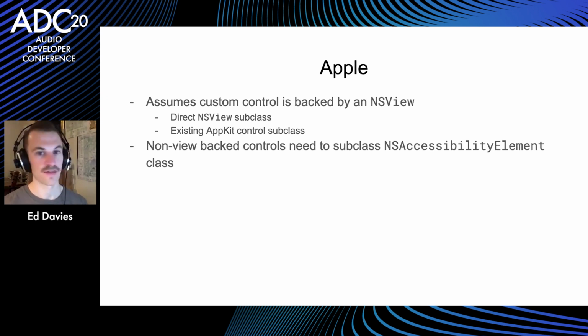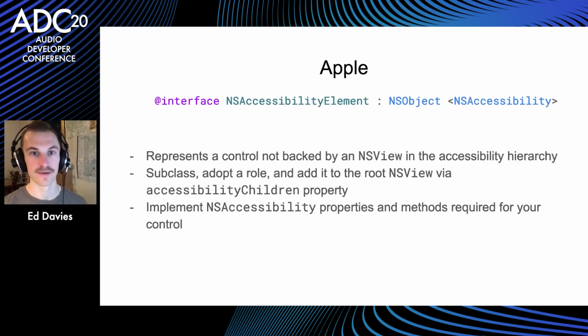And it just sort of takes care of basic housekeeping tasks like managing the UI view bounds, parent-child relationships, painting and rendering, and so on. But JUCE controls, as we said before, are not backed by any kind of NSView. So any JUCE controls will need to subclass this NSAccessibilityElement class instead.